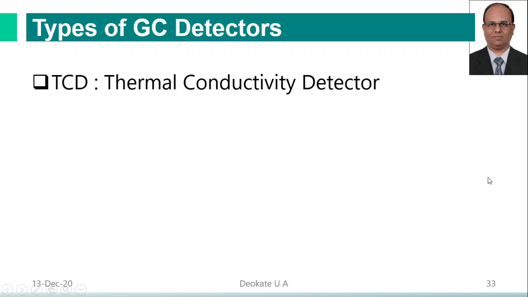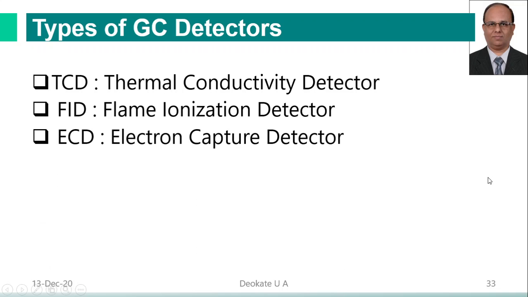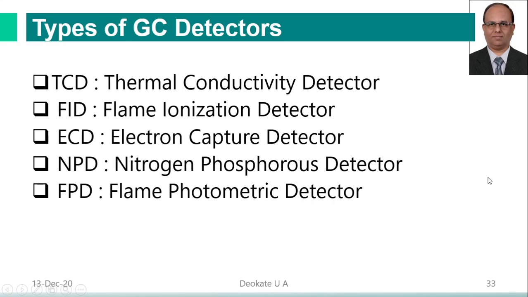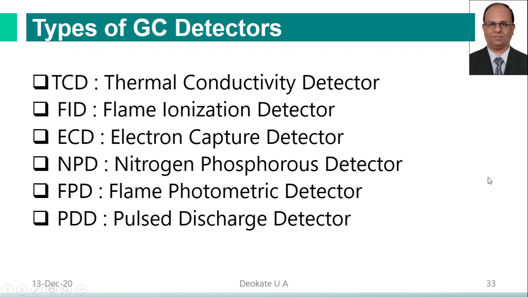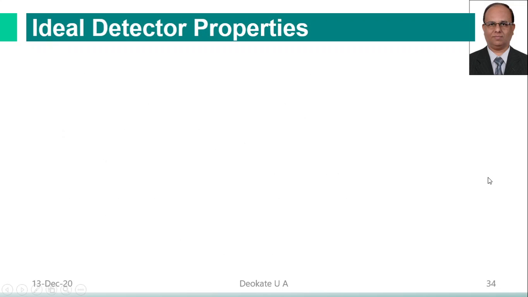The types of detectors used in gas chromatography include thermal conductivity detector, flame ionization detector, electron capture detector, nitrogen phosphorus detector, flame photometric detector, pulse discharge detector, and mass selective detector, that is mass spectrometer as a detector. We'll see a few examples of these detectors.